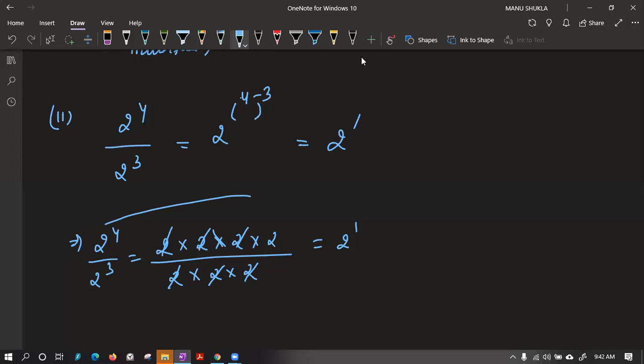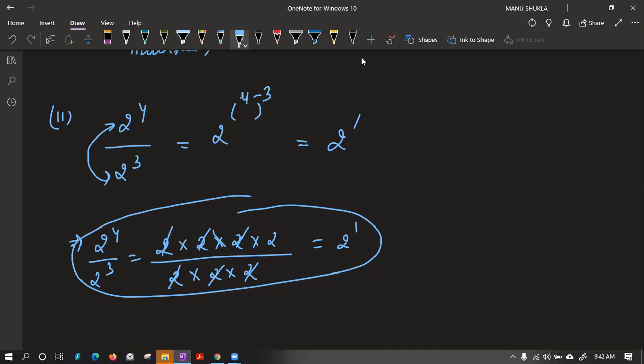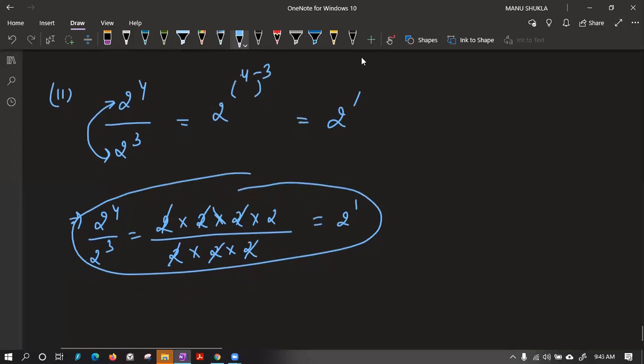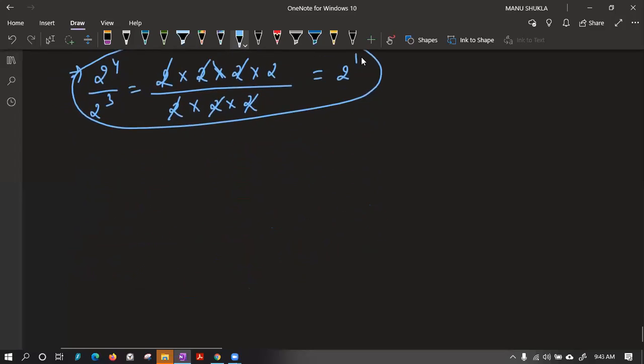So if you don't want to solve like this every time, you can use the formula that if the same bases are getting divided, class please tell, the powers will subtract.